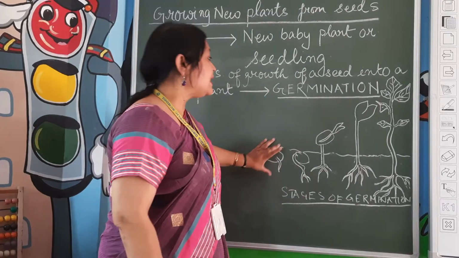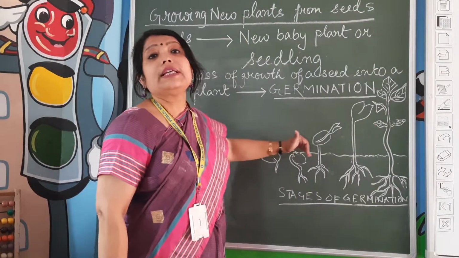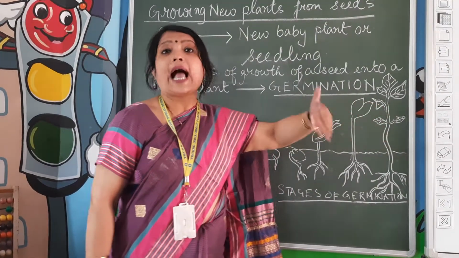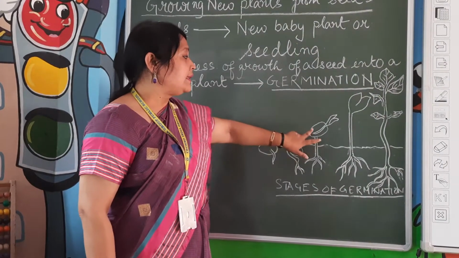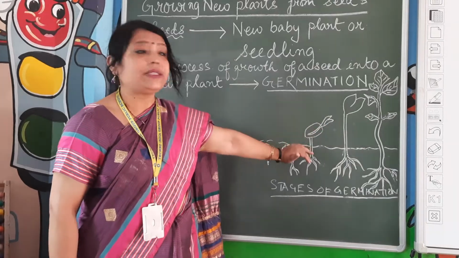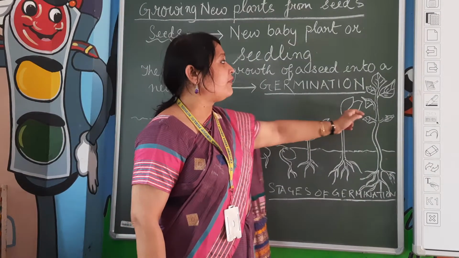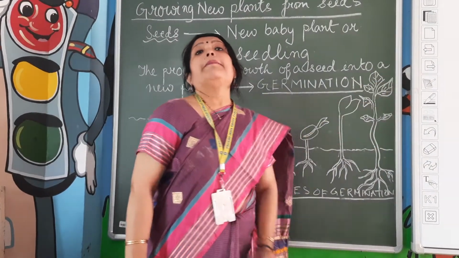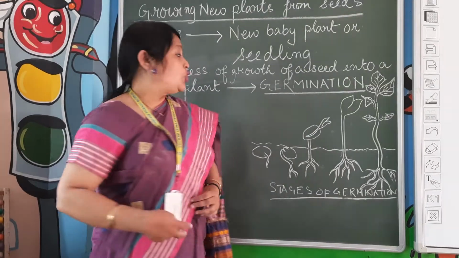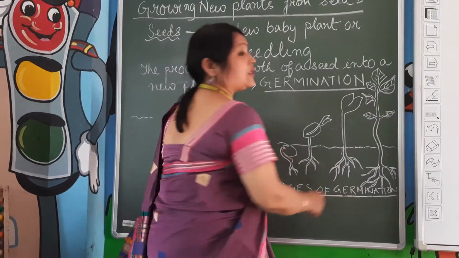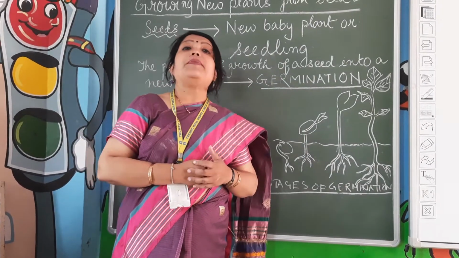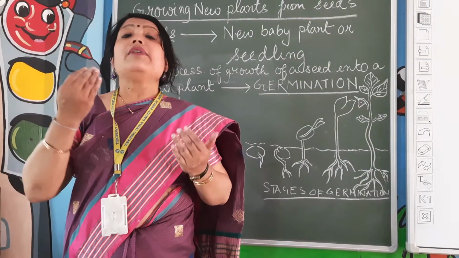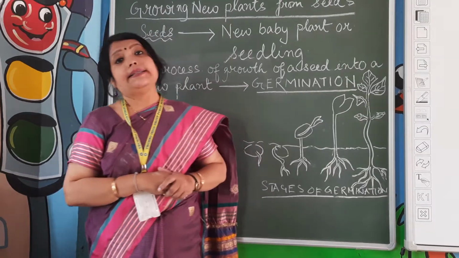Similarly, from the seed to the plant, this growth is also an event that happens over a duration of time. The roots and the shoots gradually develop, and ultimately the new plant emerges. So these are all the stages of germination, and they are very important for the growth of a plant.